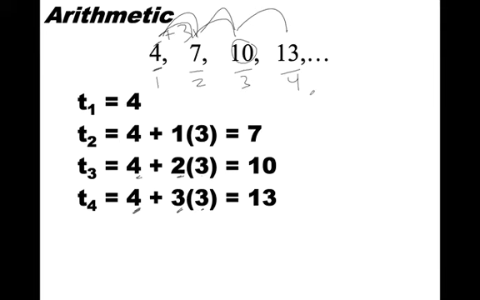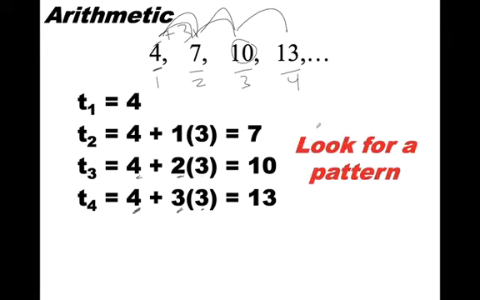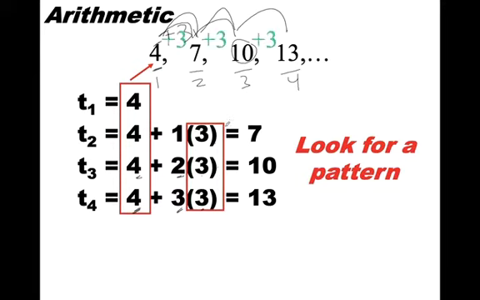Okay, so you see there's a bit of a pattern here. Every time I'm starting with my first term, 4, term 1. All of these are based off of that term 1. And I see I'm adding 3 every time to advance through my values.